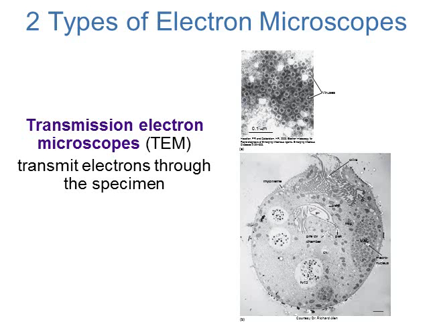There are two types of electron microscopes. So the first type is a transmission electron microscope, abbreviated TEM. With transmission electron microscopes, the electrons go through the image. They're transmitted through the specimen. So with the transmission electron microscope, you get a 2D image. It's really useful for seeing what's inside of a cell.